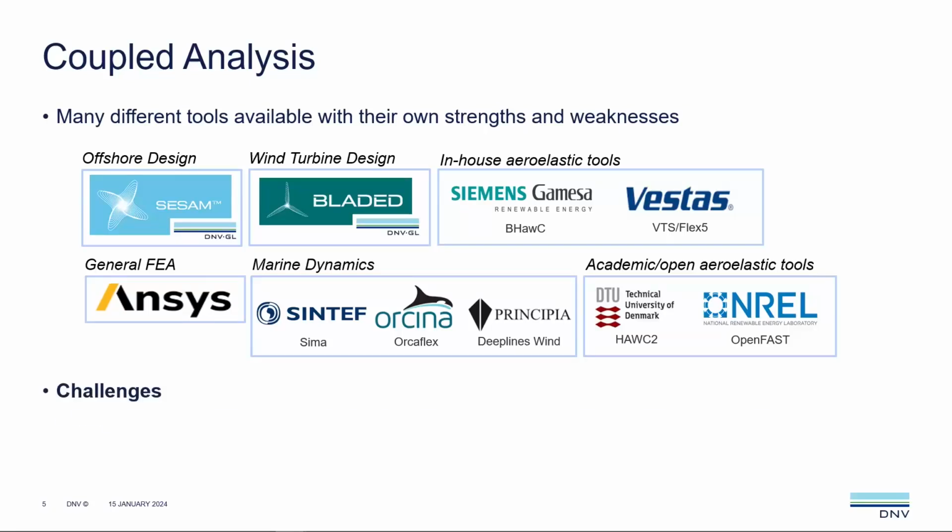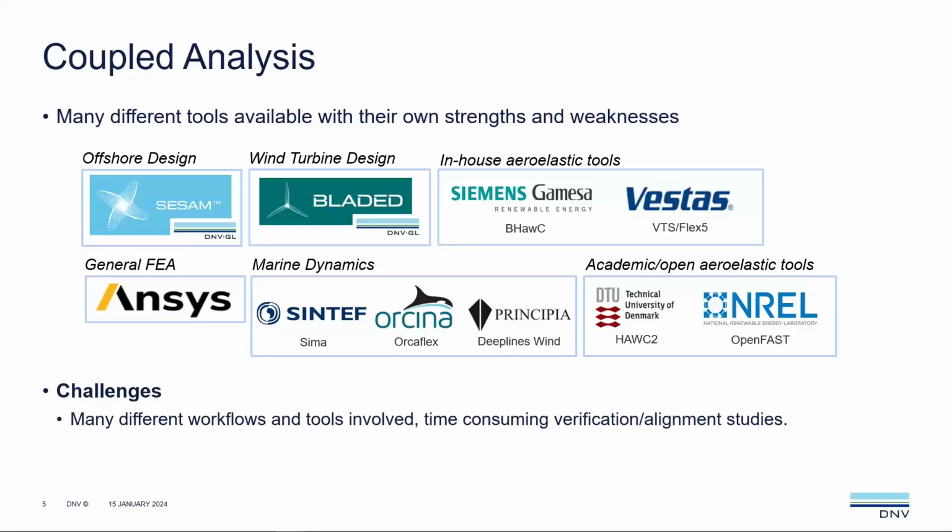So what that means in the end is for design within a project, we might be using several of these tools at the same time for different purposes. If we're looking, for example, at moorings or the floater, we might use some of these tools coming from legacy oil and gas. But to design the turbine, look at the tower loads, we might use these aeroelastic tools instead.